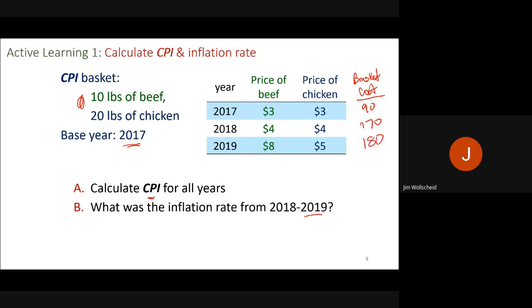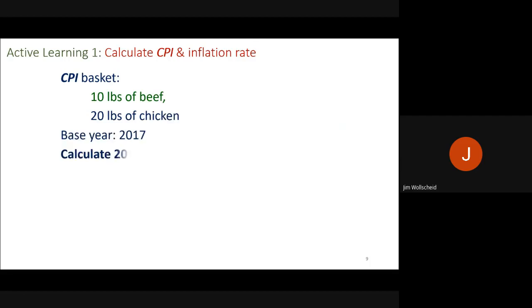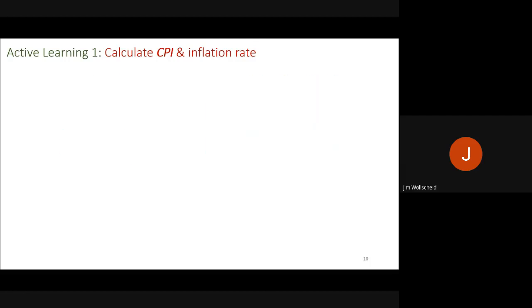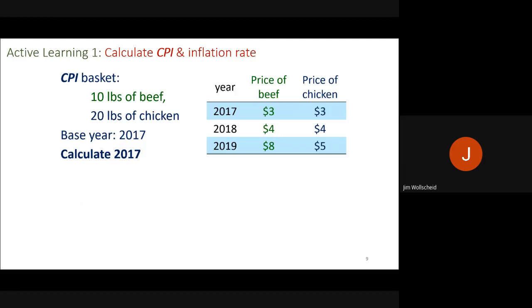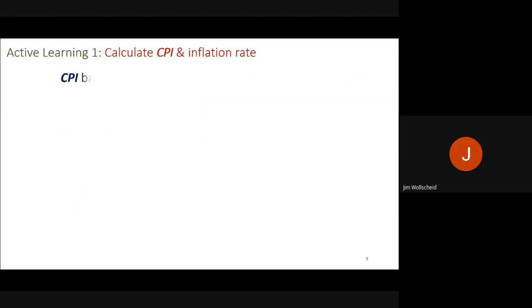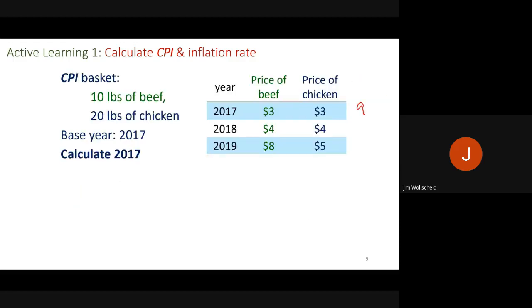All right. I hope I did that right. Looks right. So the CPI then for each year. So the CPI for 2017, 90.